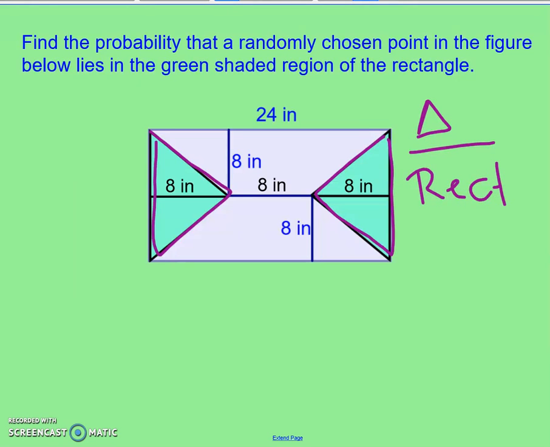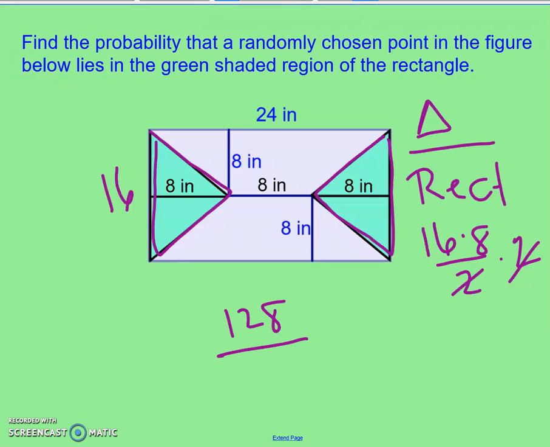So our triangles each have a base of 16 and a height of 8. So our area would be 16 times 8 divided by 2, but we have 2 of them. So 16 times 8 is 128 for our 2 triangles.